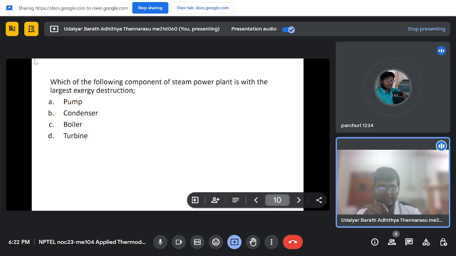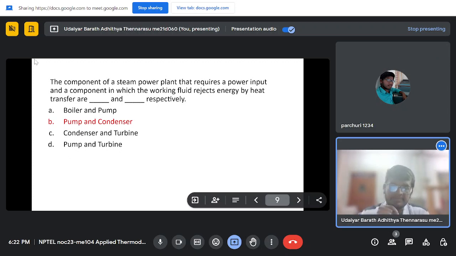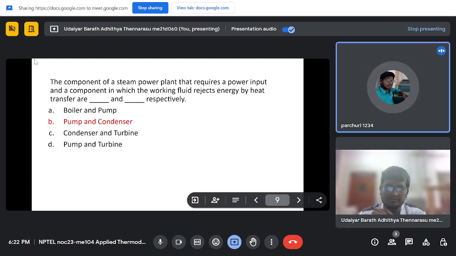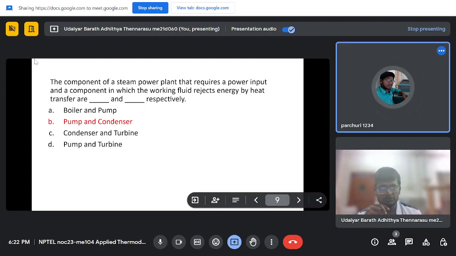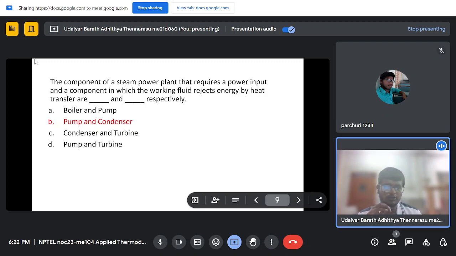Sir, in the pump we only supply the water, sir. How do you... No, pump, supply the power? One of your inputs is water, but how do you increase the pressure? How do you pressurize the water to send it to the boiler? You cannot directly just pass the water to the boiler, right?